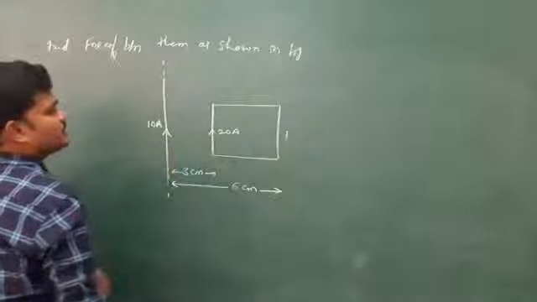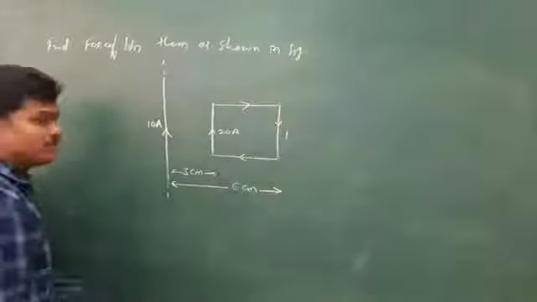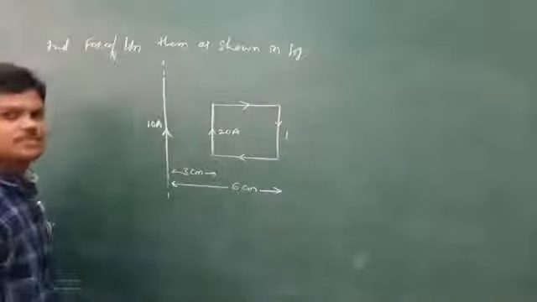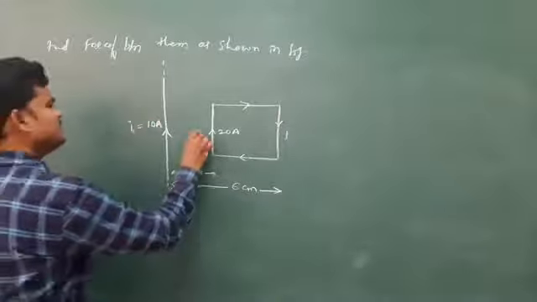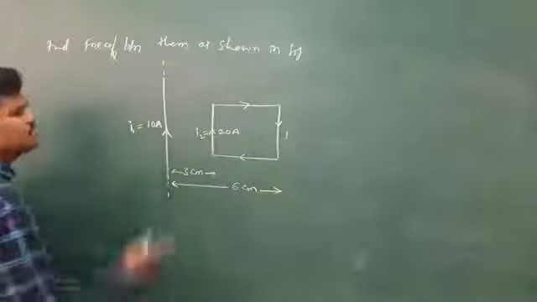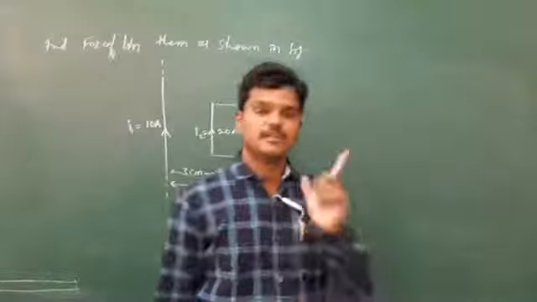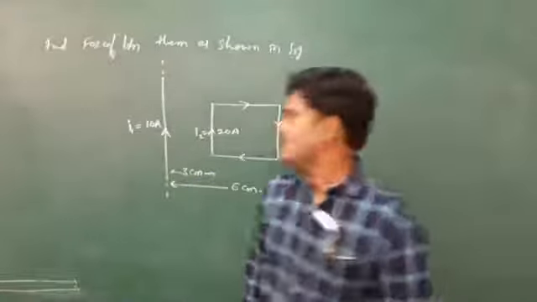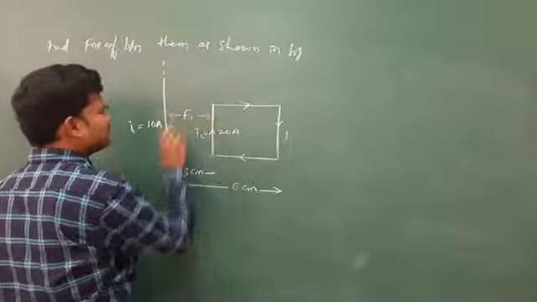See, we have to find the force between these two. Anyhow, this concept is already covered. Once again you try this problem. Feel this is I1 current, this is I2 current. Find the force between them and identify whether that force is attractive or repulsive. Anyhow, these two forces. Let us suppose the force between these two is F1.